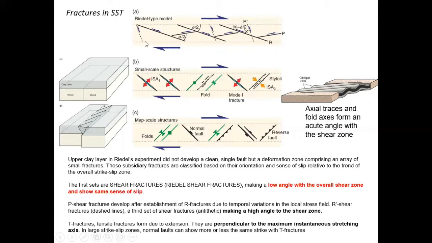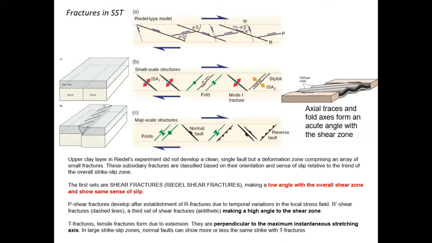And second-order structures are these dashed lines on the same diagram. And if you look at this sense of slip arrows on each side of the dashed line, it is opposite direction. So the main strike-slip fault strand is right lateral, but second-order redoubt shear structures have opposite sense of slip, which is left lateral. So primary redoubt fractures will be at a small and narrow angle to the strike-slip fault zone.